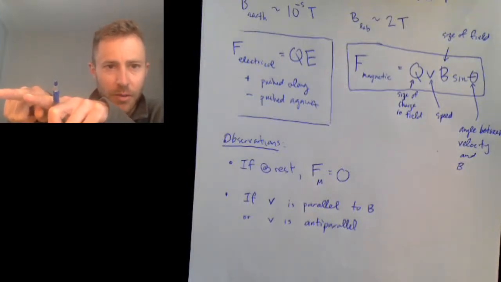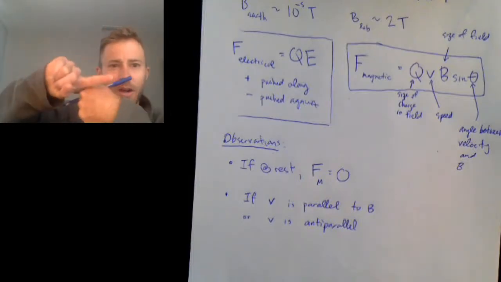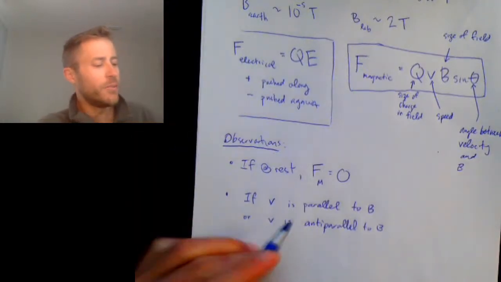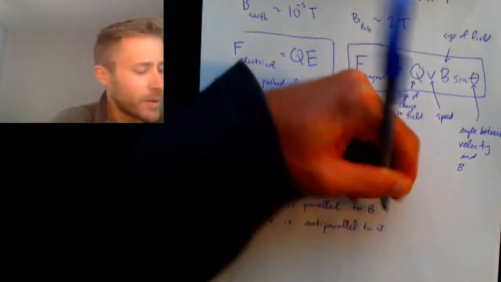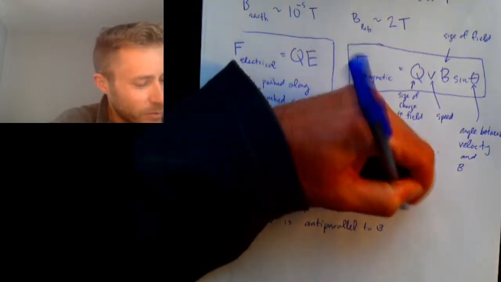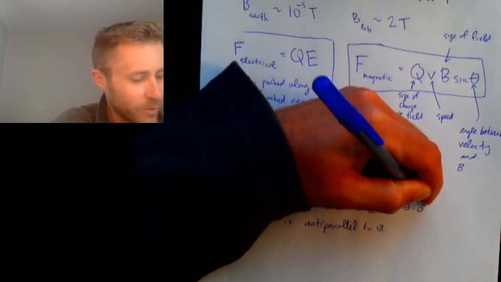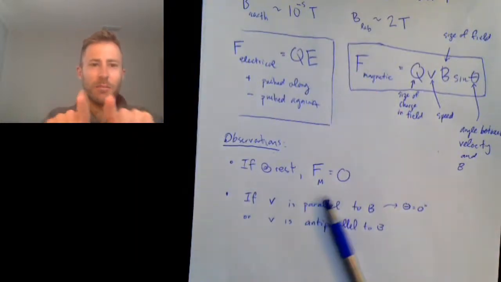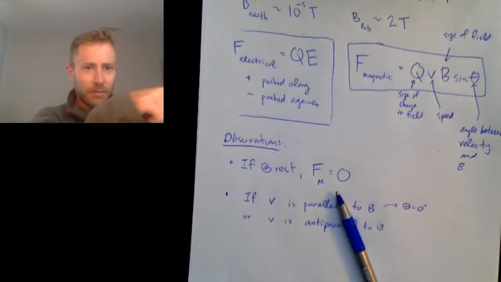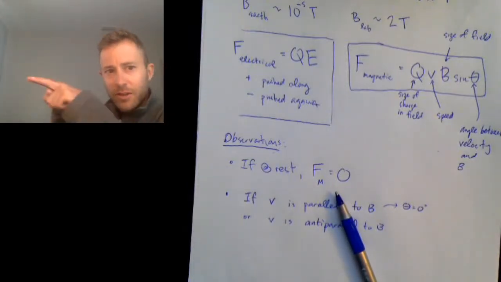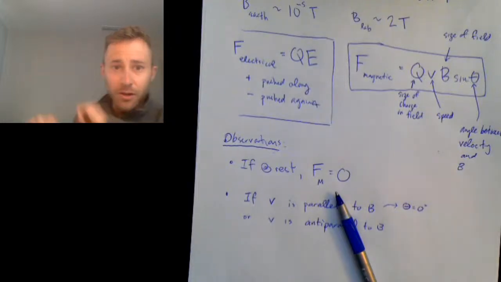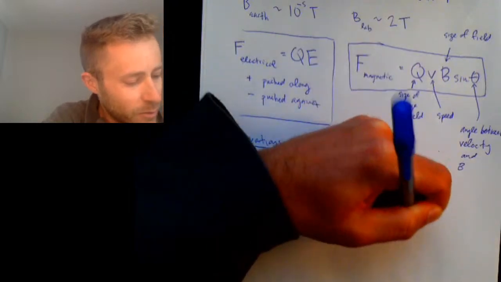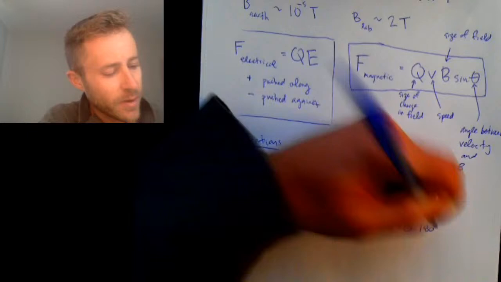And when I say anti-parallel, I mean velocity and magnetic field are in opposite directions. So V being parallel to B means that the angle between V and B is 0 degrees. Okay? If V is anti-parallel, so parallel is 0 degrees, anti-parallel is 180 degrees. So anti-parallel means theta equals 180 degrees.